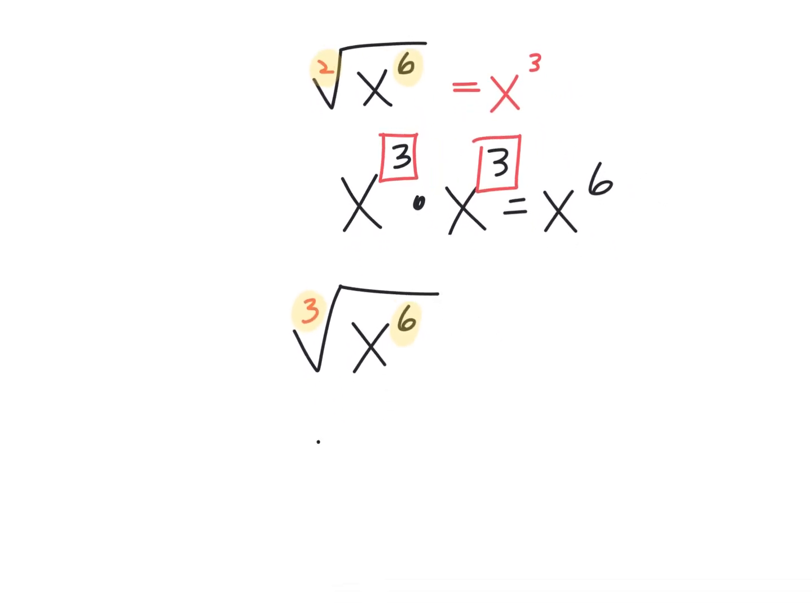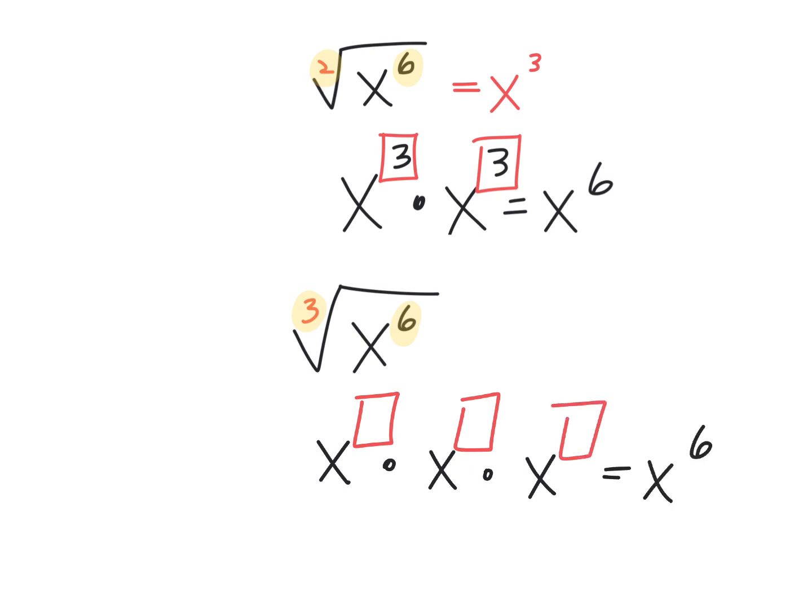So x times x times x. Think for me, what does the exponent have to be this time to get you x to the 6? So it has to be 2, right? Because then 2 plus 2 plus 2 is 6. You add your exponents. This is, yes, x to the 2nd power. Another way to think about it, 3 goes into 6 how many times? 2.